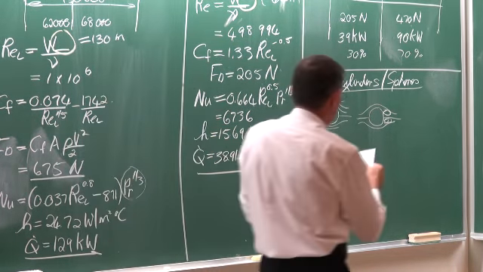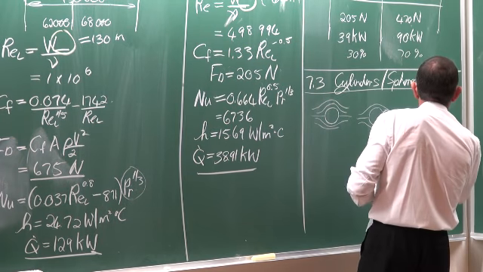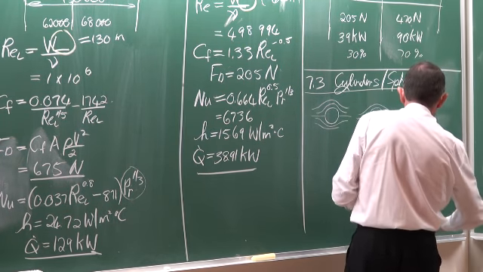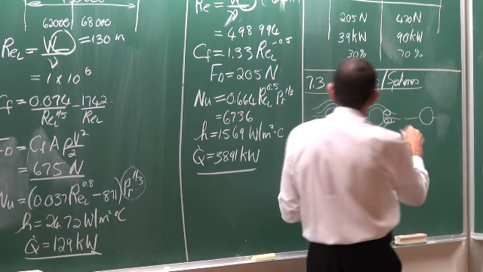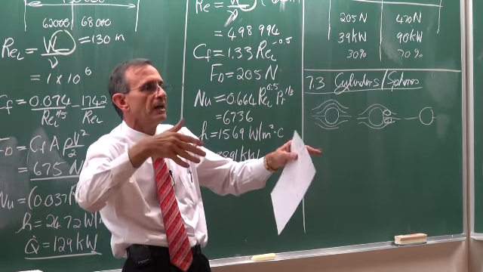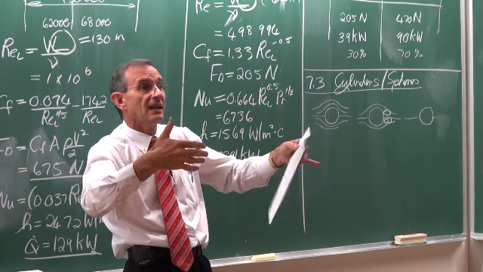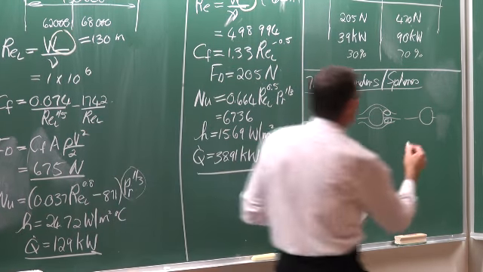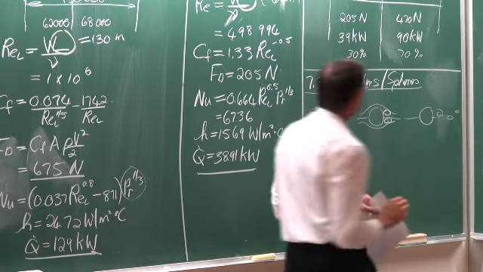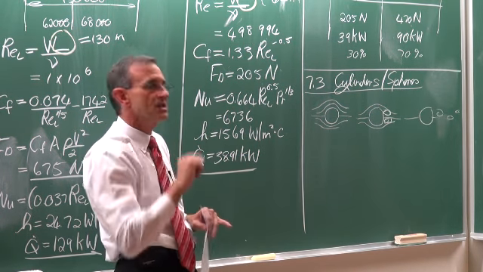If we increase the Reynolds number even more, then unfortunately things are not symmetrical anymore. One of these bubbles will break away before the other one, and it would make the flow very unstable at the back. So we will see that we have flow separation, vortices.